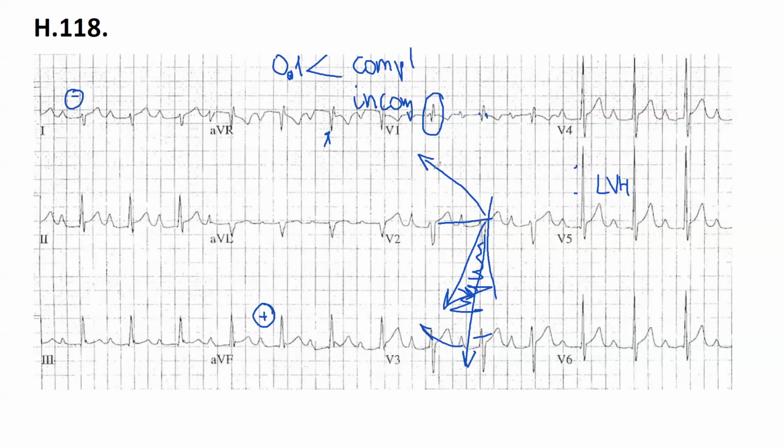A lot of things so far. We have a bifascicular block because we found a left posterior hemiblock, which you assumed, and a right bundle branch block.